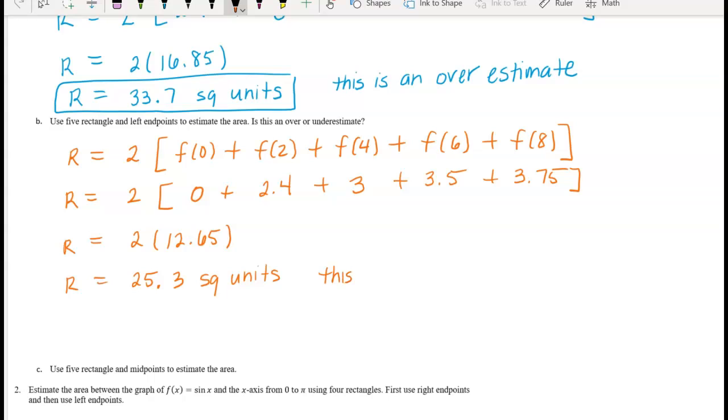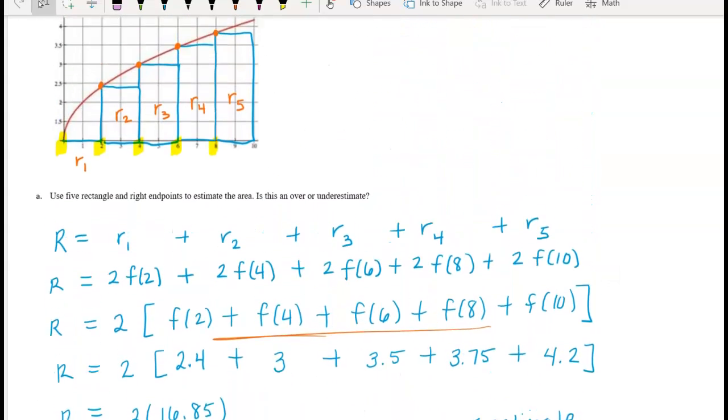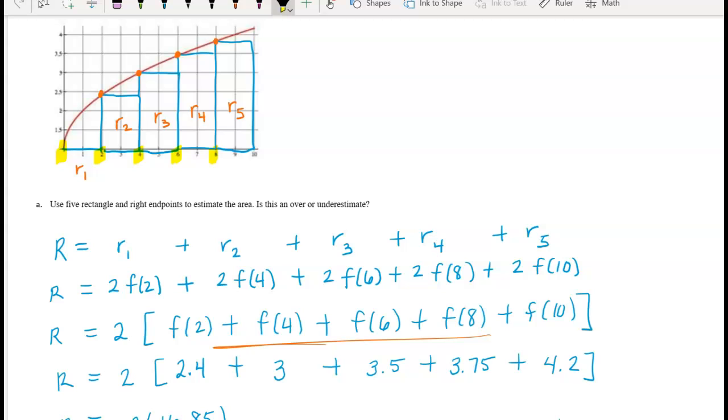And this is an underestimate. We know that because, well, first of all, this very first rectangle, we're not including any of that part under the curve. We're also not getting this part, this part, this part. There's space under the curve that we're not calculating in this calculation.